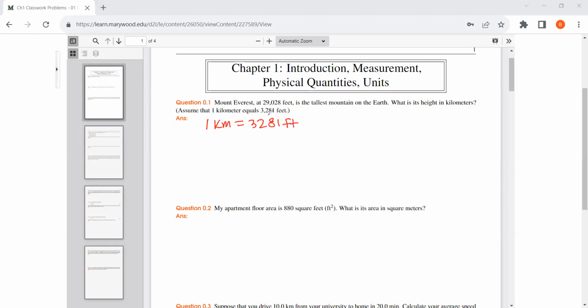Now, as you remember from the first lecture, after we know the relation between the two units, the next thing to do is make a fraction of 1. The fraction of 1 will be either this or this.